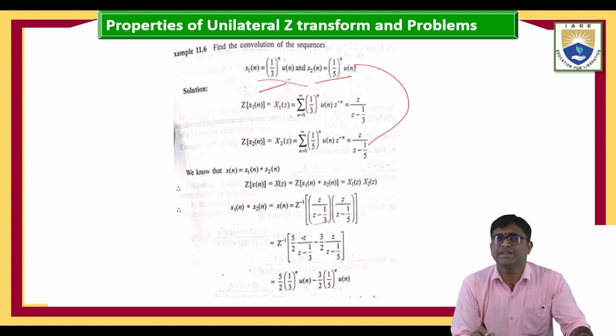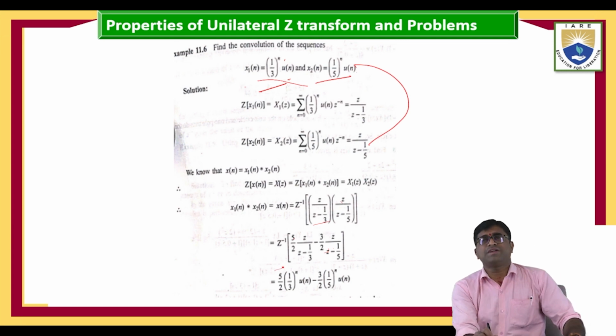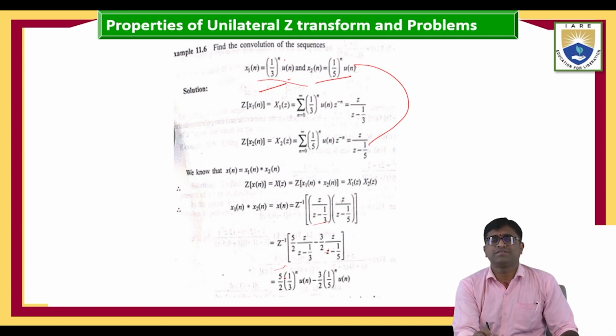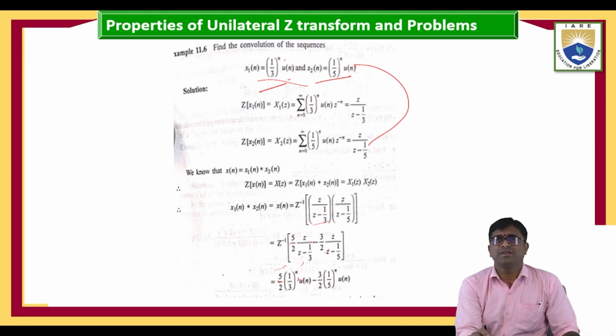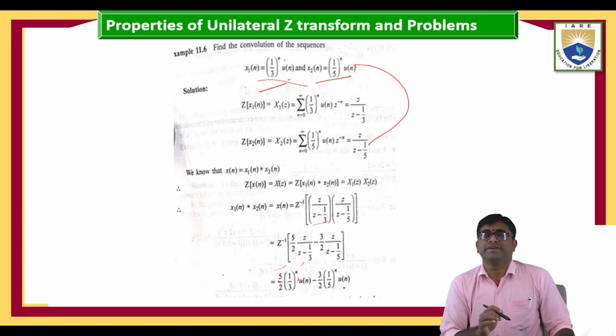The transform is coming as 3 by 2 into the given function. So if you convert this into the Z inverse transform, we got it: 5 by 2 is a constant, (1 by 3) whole power of n into u of n, minus 3 by 2 is a constant, (1 by 5) whole power of n into u of n.